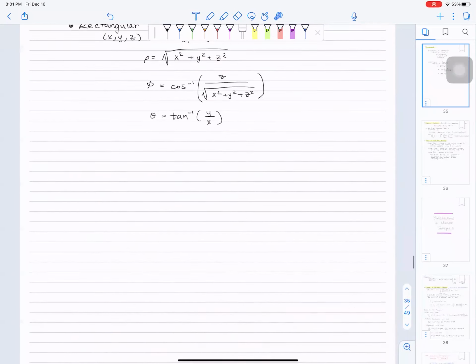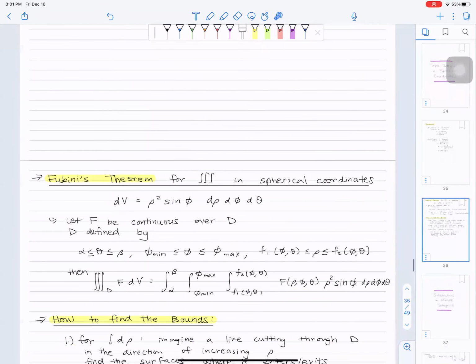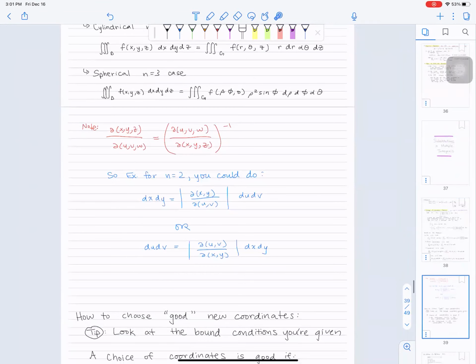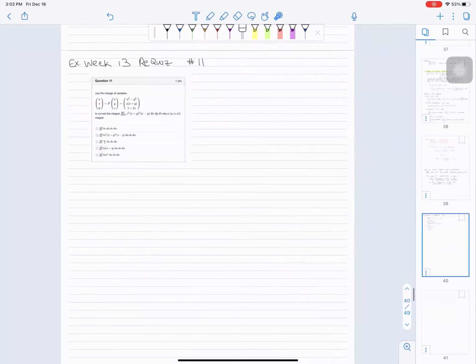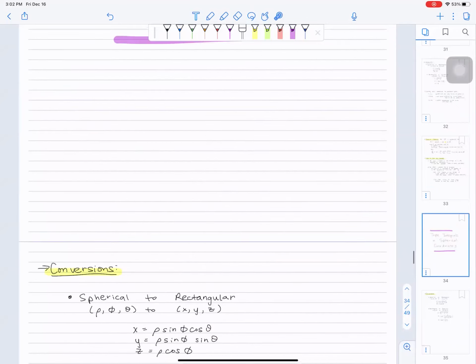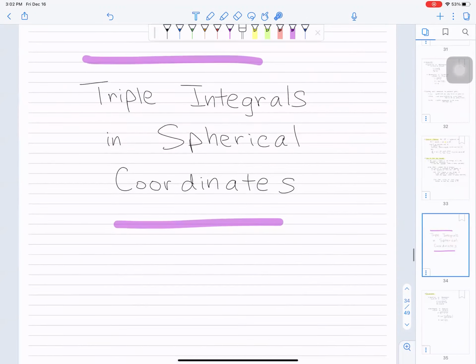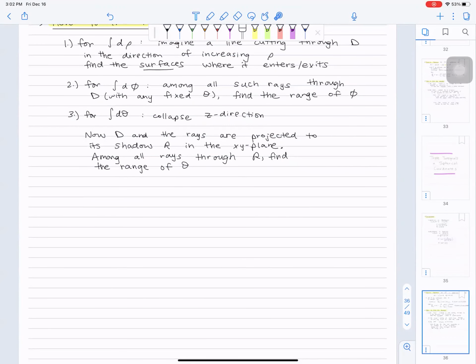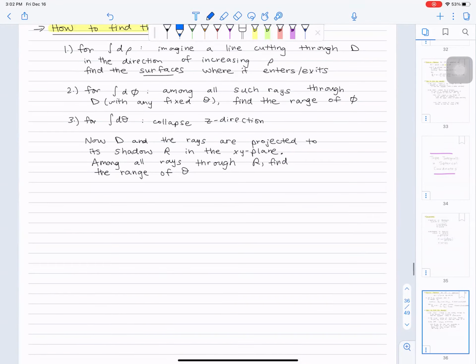If it's hard to visualize whatever domain you're trying to integrate over, it's hard to find the bounds, but I don't know if there's a general rule or steps you should follow. With converting to cylindrical or spherical, a lot of it is practice, trying to recognize what common shapes use what conversions. If you ever see a sphere in general, you want to convert to spherical coordinates.